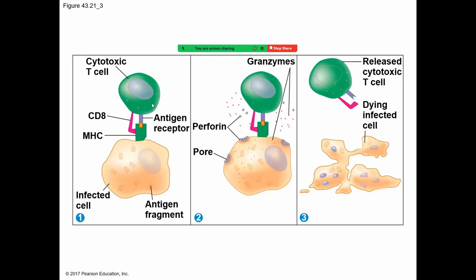So once this cytotoxic T cell recognizes that there is an infected cell that has presented an antigen attached to that MHC molecule, then the cytotoxic T cell will release enzymes, and these enzymes will create holes or pores in the surface of the infected cell.